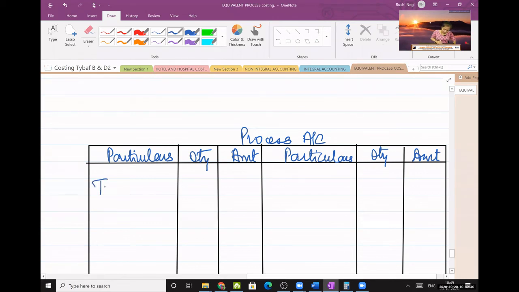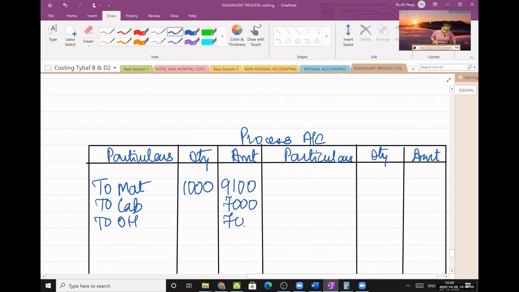So write on to material, then labor, and then overheads. 1,000 kgs. My cost is 9,100, 7,000, 7,000.